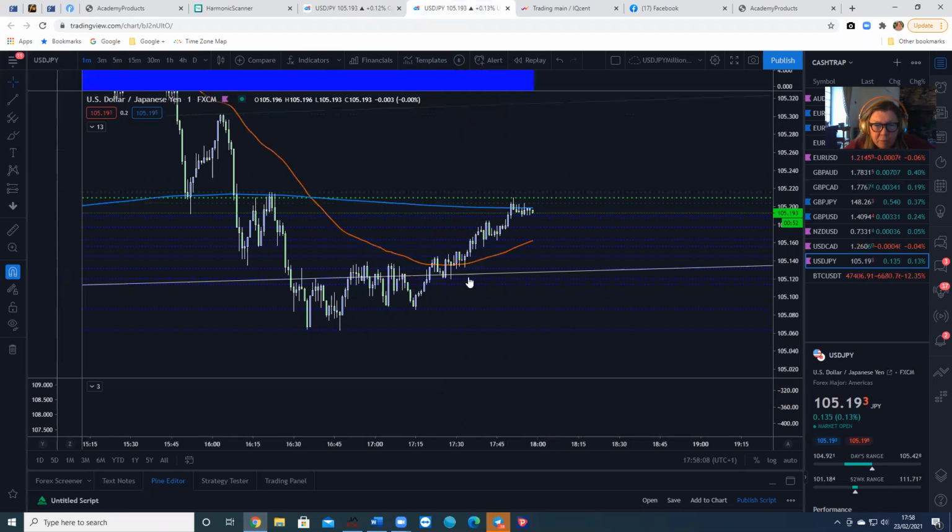That matches up with my 62 moving average, which is just the shorter one than the 200, and price likes to come down and test that and then carry on its way up.